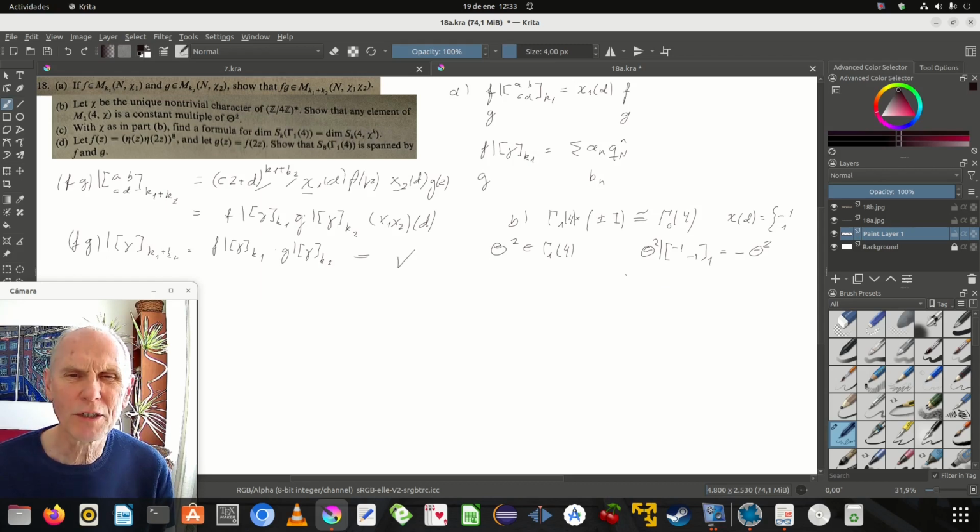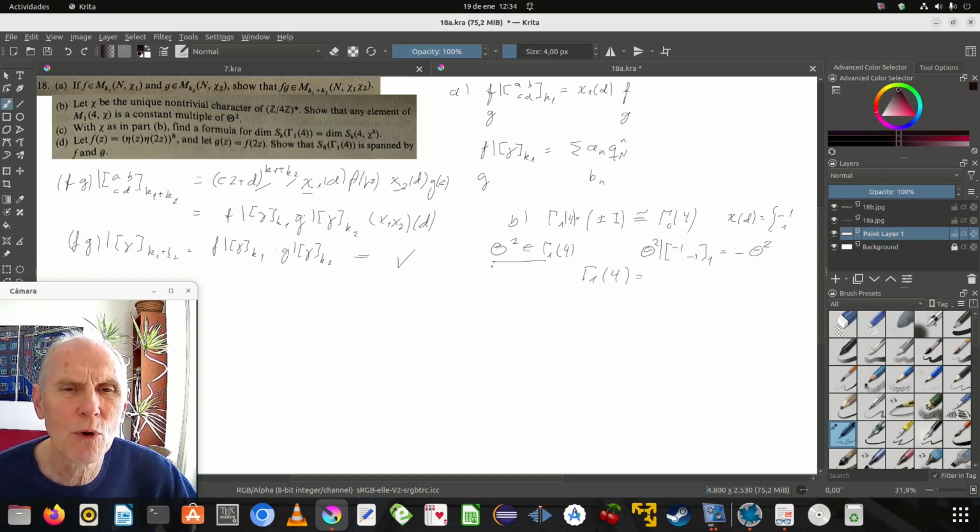Isn't that obvious if we have proven this? Because gamma 1 of 4 equals, I think we have shown this before, actually.